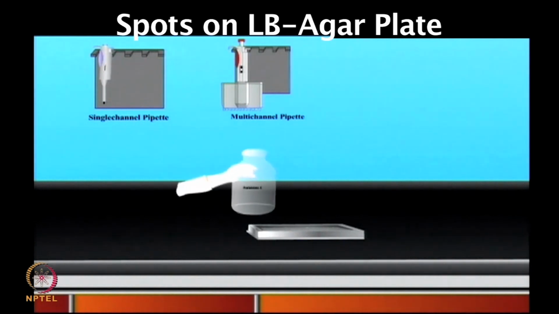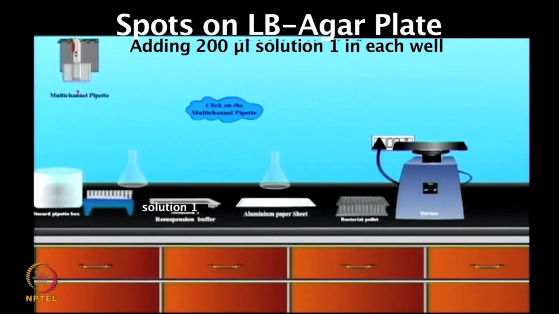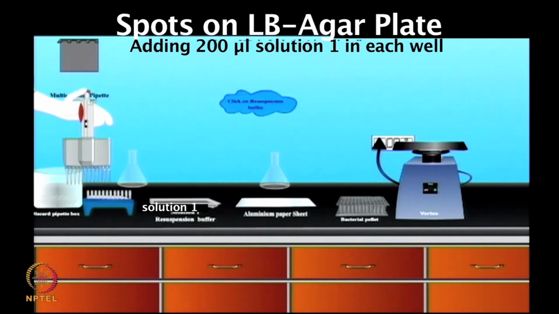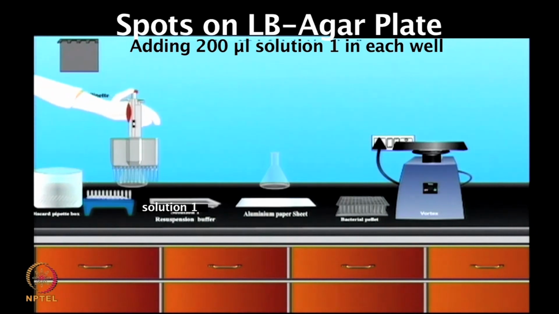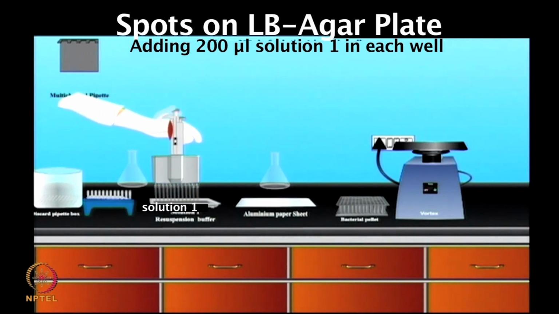Add 200 microliters of solution 1, which is the resuspension buffer that contains 50 millimolar Tris at pH 8, 10 millimolar EDTA and 0.1 mg per ml of ribonuclease. So, you need to add the resuspension buffer, around 200 microliters, to each well.